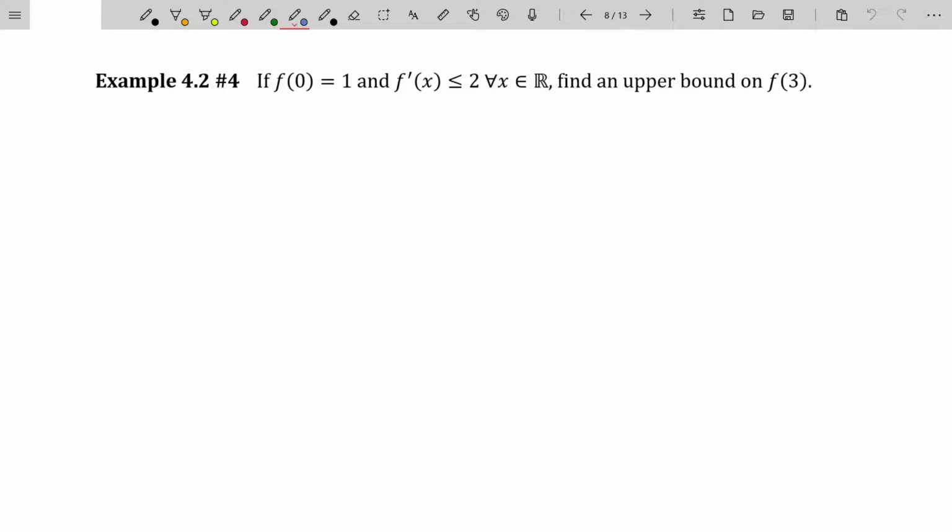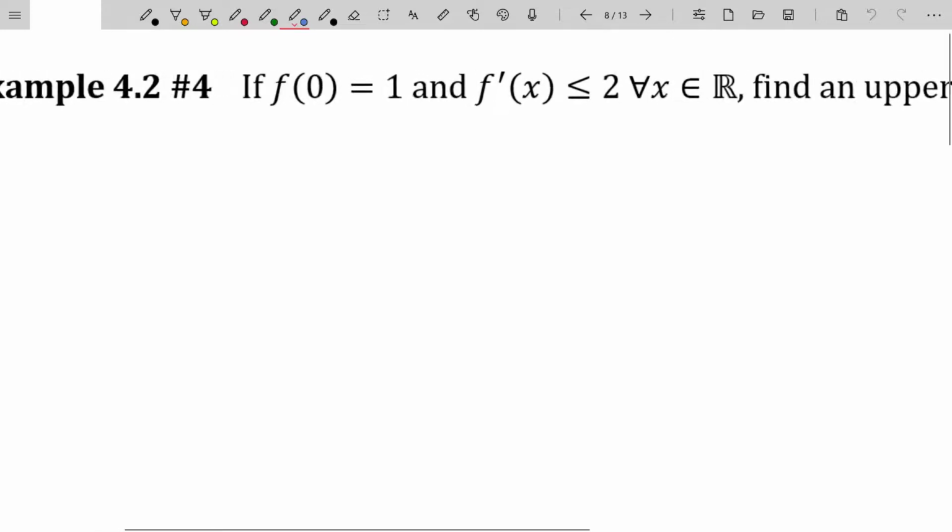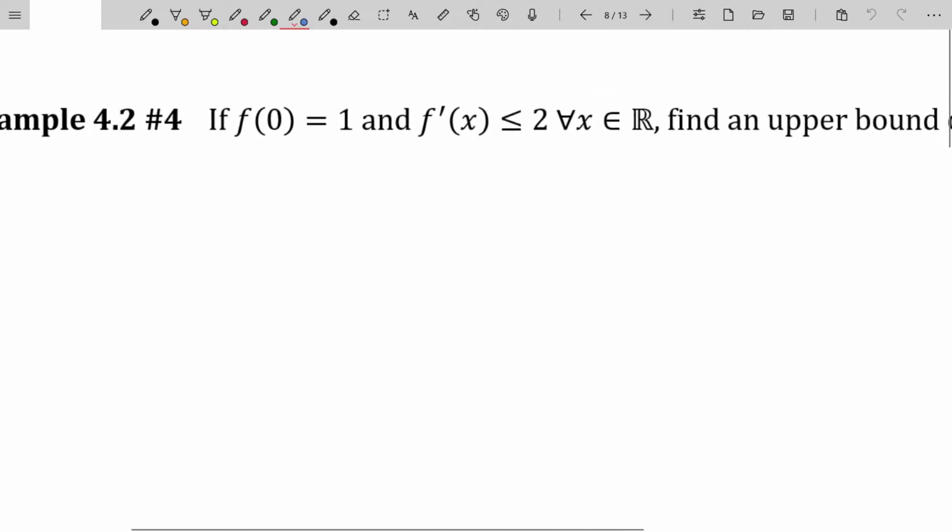Okay. So let's suppose that we have a function where f of 0 is equal to 1, and f prime of x is always less than or equal to 2 for all x in the real number system. Now, let me just tell you that that little statement, f prime is less than or equal to 2 for all x in the real number system, tells us our function's differentiable everywhere, which means it's continuous everywhere.